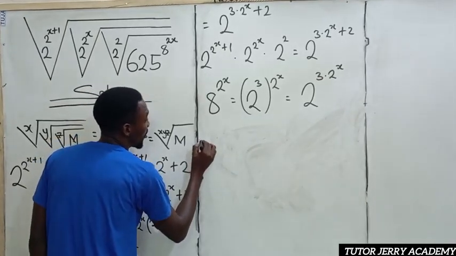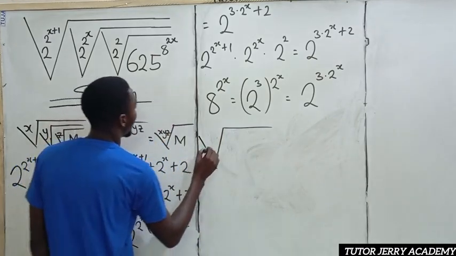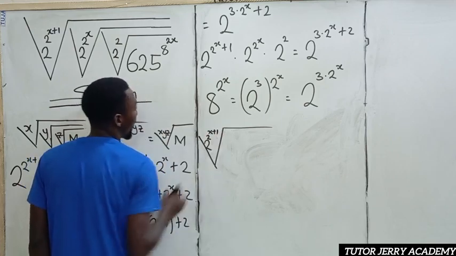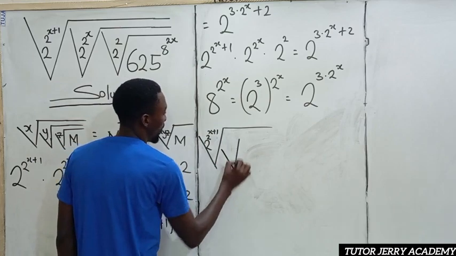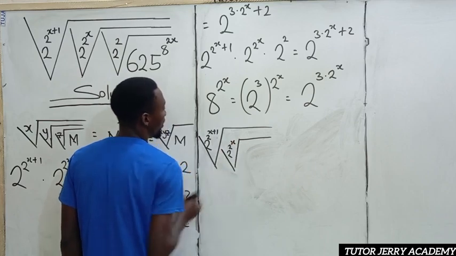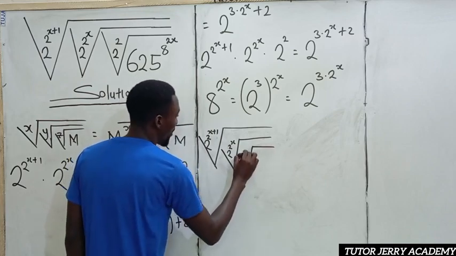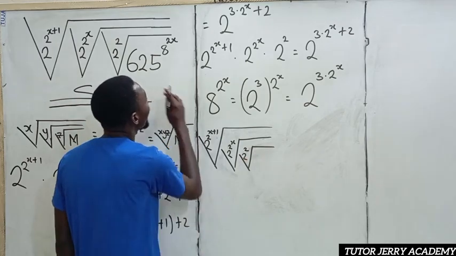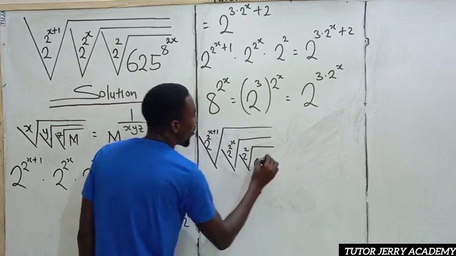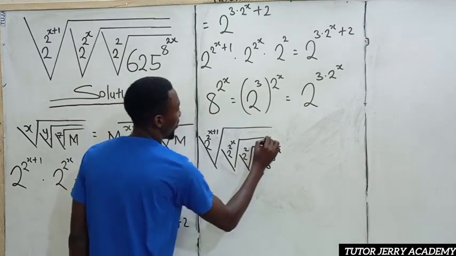Now let's follow this law. So the square root of 2 to the power of 2s plus 1 into 2 to the power of 2s, and the square root of 2 to the power of 2, then we have 625 to the power of 8 to the power of 2s.